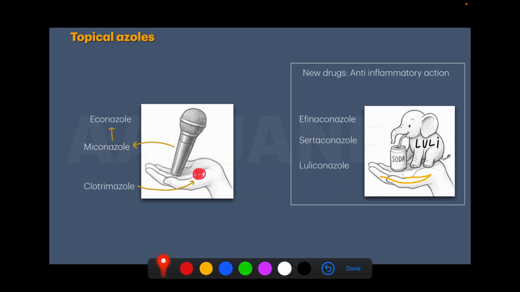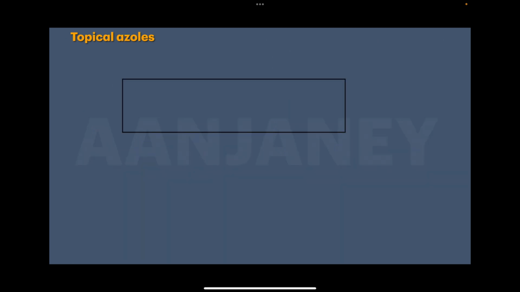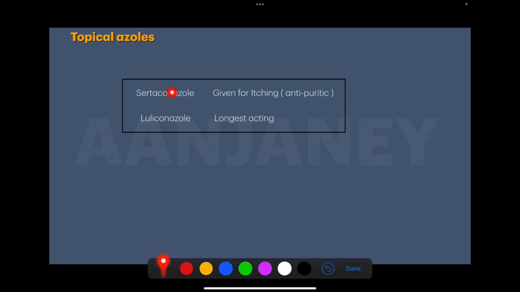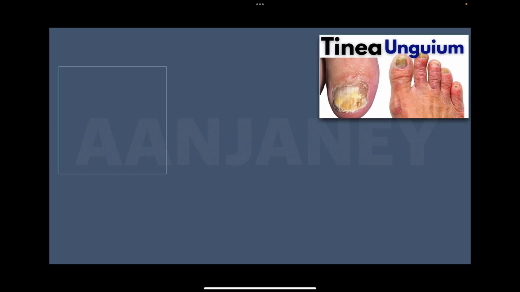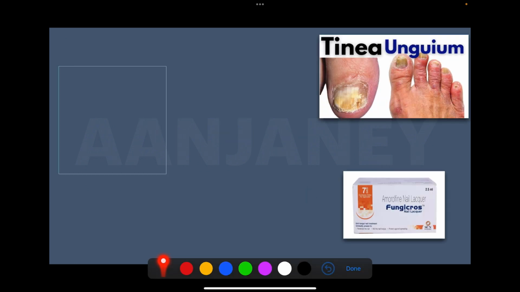So these two diagrams will make you remember 6 drugs. Okay, then we are done with topical azoles. Some important points about them: sertaconazole is given for itching and luliconazole is the longest acting, simply LL matching.